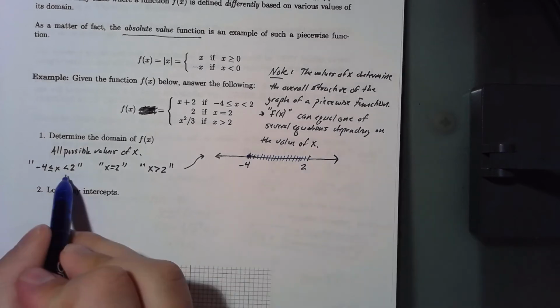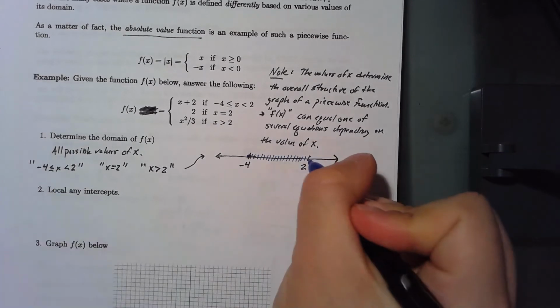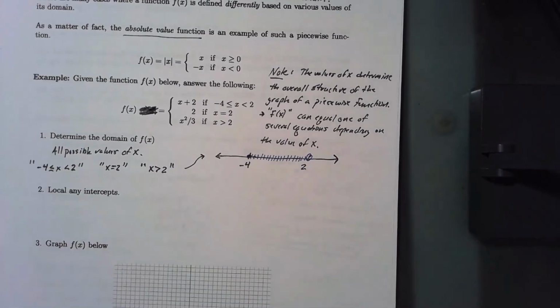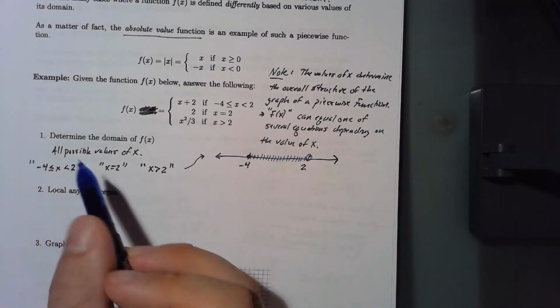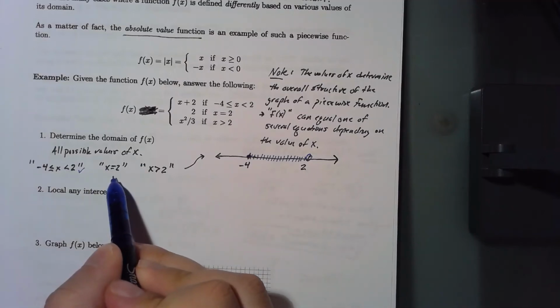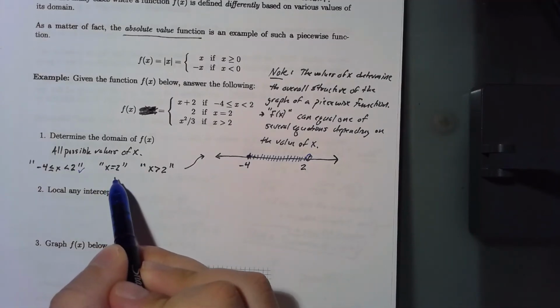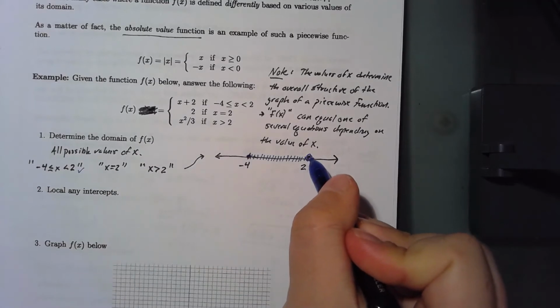This inequality means it's going to be an open dot at 2. Now what's this one? x is 2. That's also part of my domain, so now I'm going to fill in the dot.